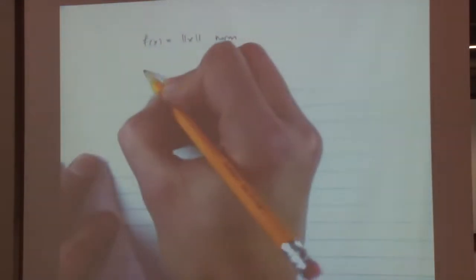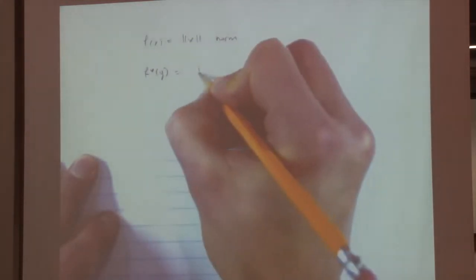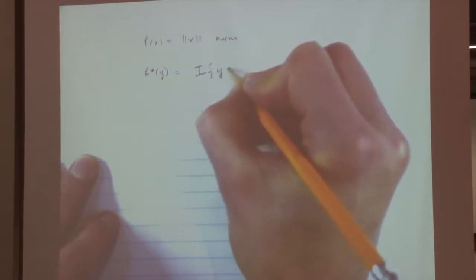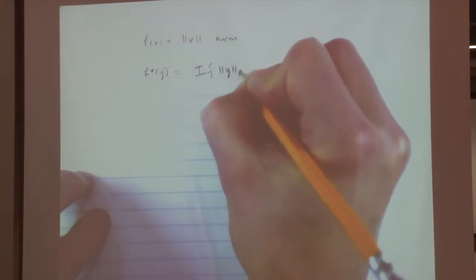So if I have this being the norm of x, then this is the indicator function of y being in this set of all points that have dual norm less than or equal to 1. So I guess I could write that like this.